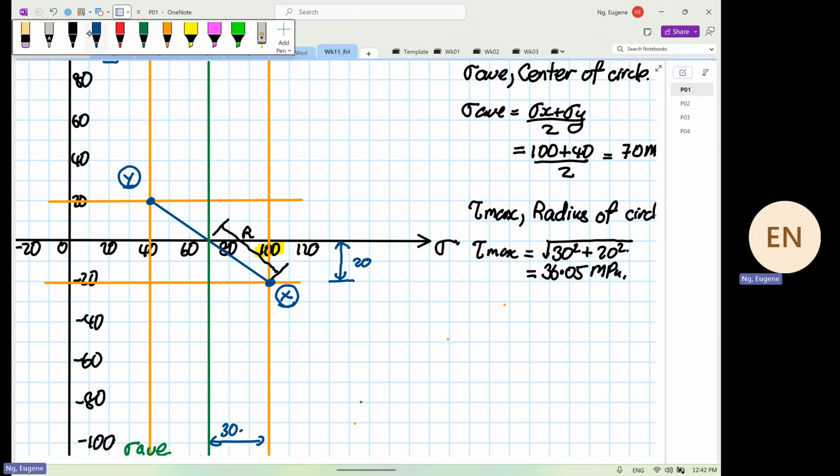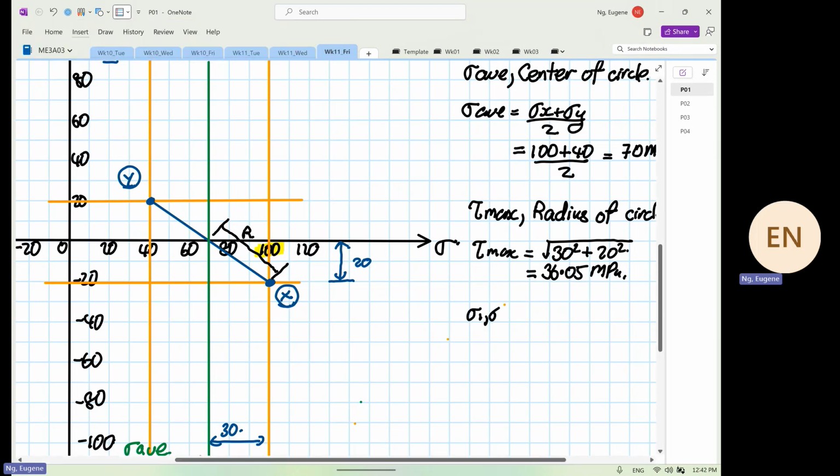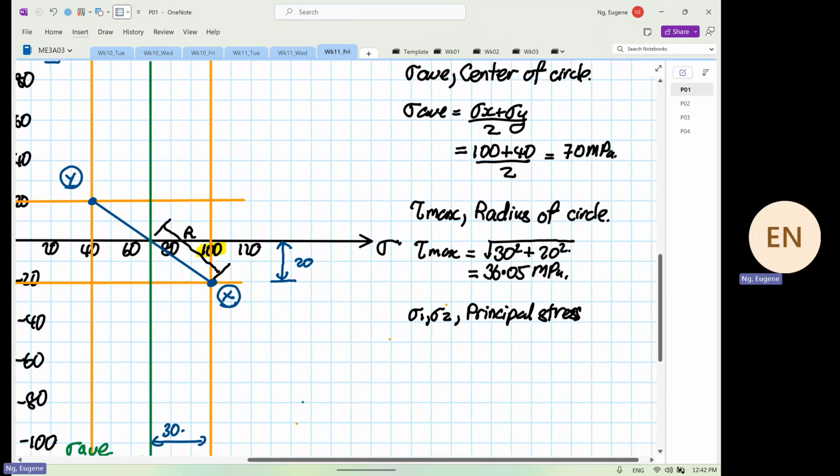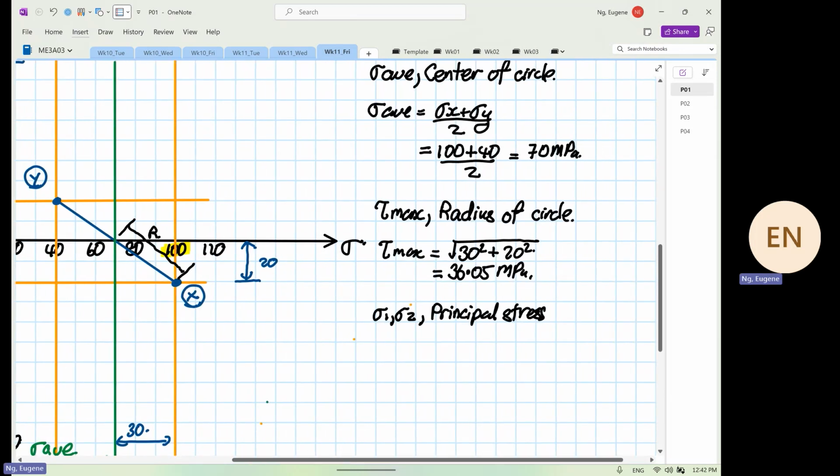From here, we determine the radius of the circle, which we already did, and it's sitting at 36.05. So we can also identify our stress 1 and stress 2, which is the principal stress. On the principal stress, the shearing stress is equal to 0. Shear stress is equal to 0.